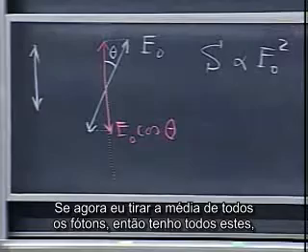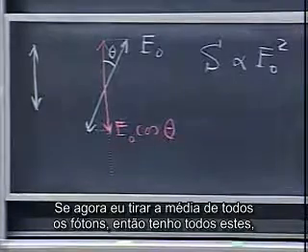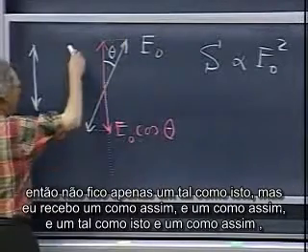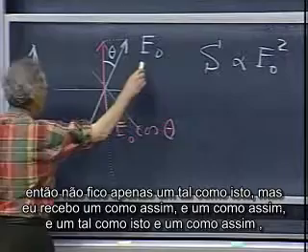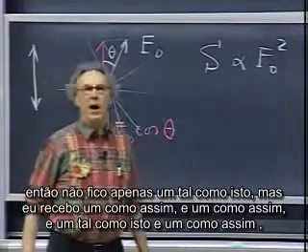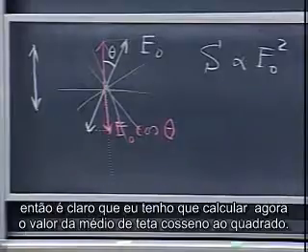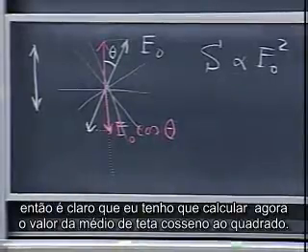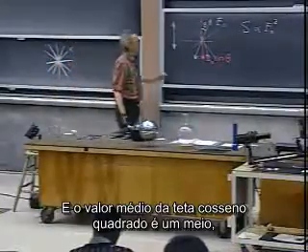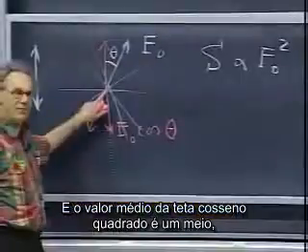If now I average over all incoming photons, so I take all of these, which represent an unpolarized beam, so I get not only one like so, but I get one like so, and one like so, and one like so, then clearly I have to calculate now the mean value of cosine square theta. And the mean value of cosine square theta is 1/2.